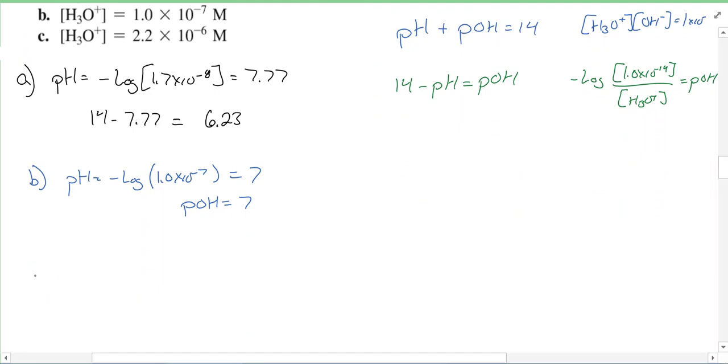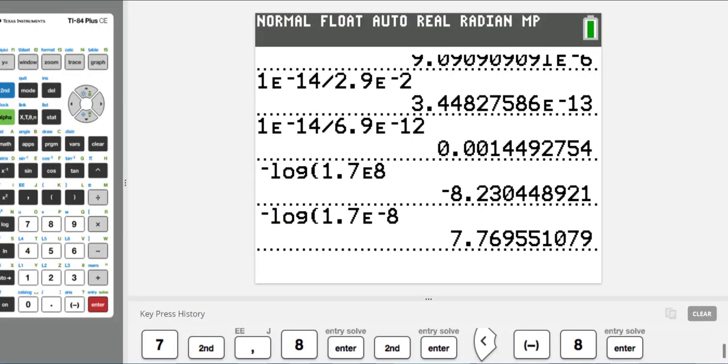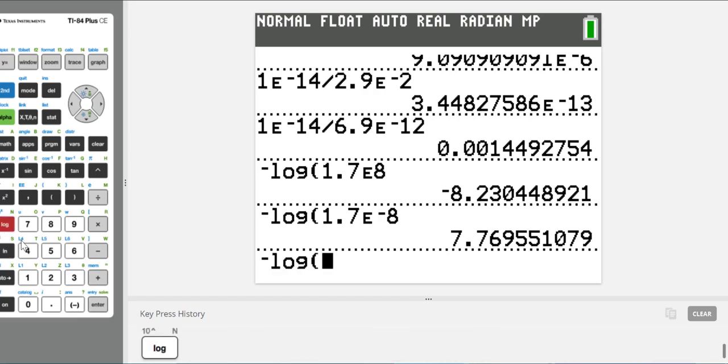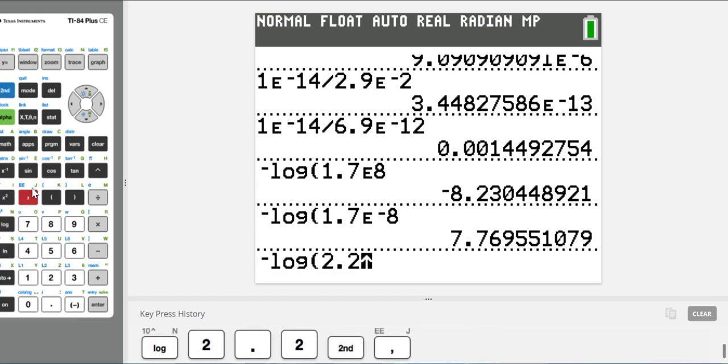C, pH is negative log 2.2 times 10 to the negative 6 molar, which is negative log of 2.2 times 10 to the negative 6.